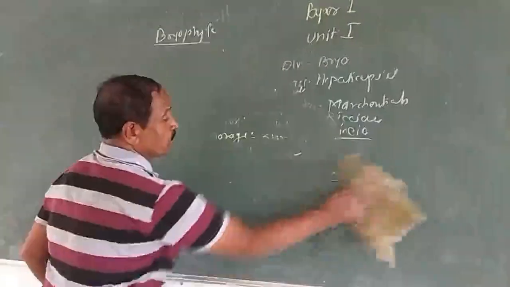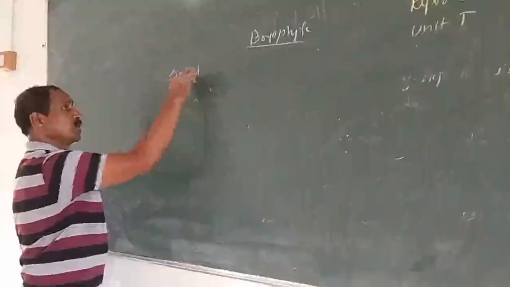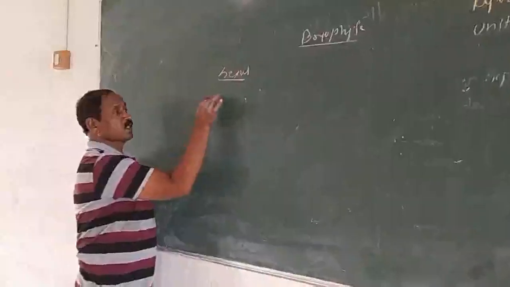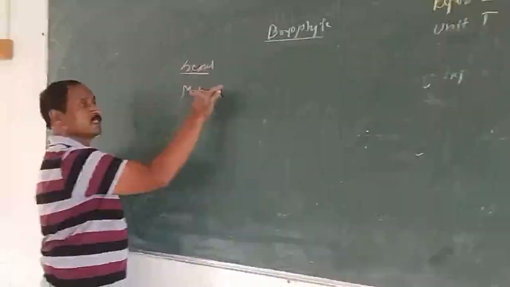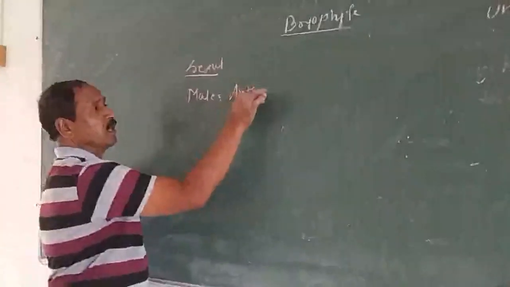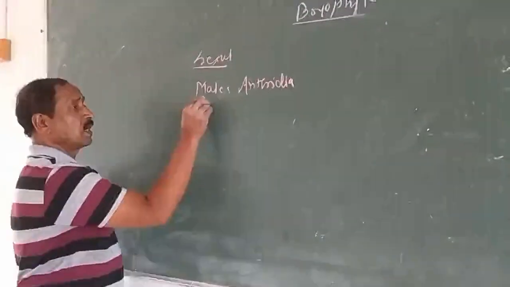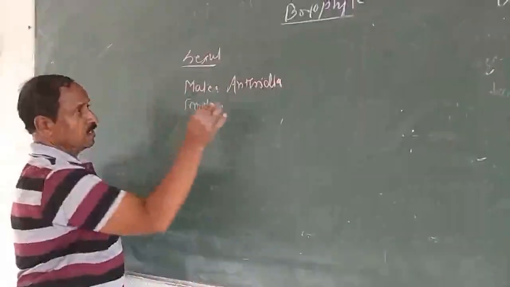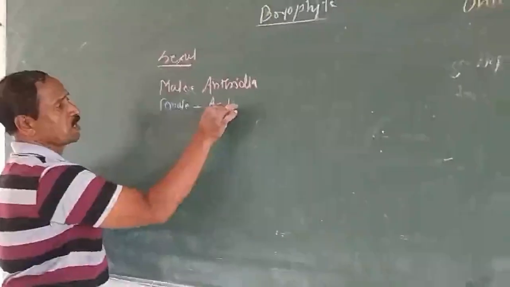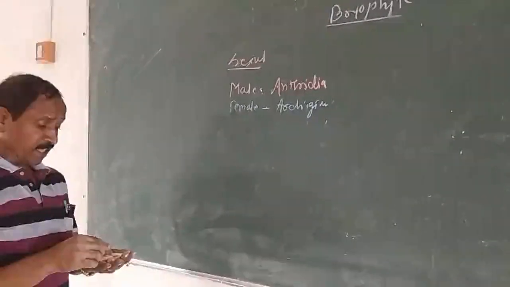In the sexual reproduction, it shows the sex organs. First the sex organs, that is male sex organ called as antheridium. The female sex organ called as archegonium. First, the male sex organ, that is antheridium.